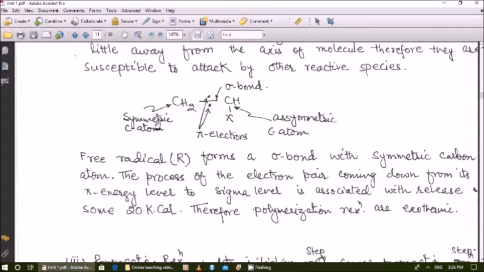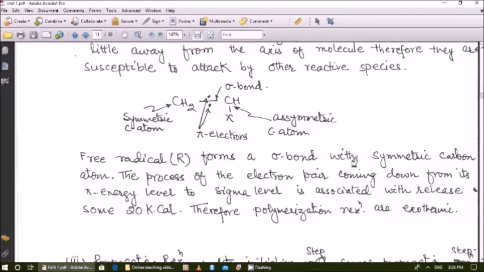Here we can see the symmetric carbon atom is this one, and the straight line is representing the sigma bond, and two dots are representing the pi bond. And we call this second carbon the asymmetric carbon because it has two different components, one H and another one X. That's why we call it an asymmetric carbon atom.